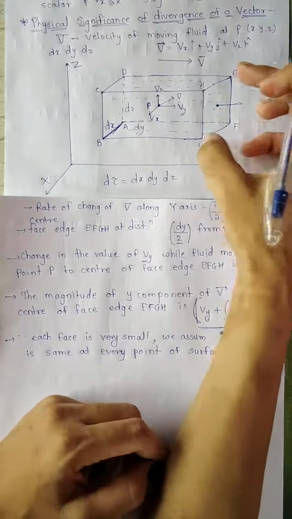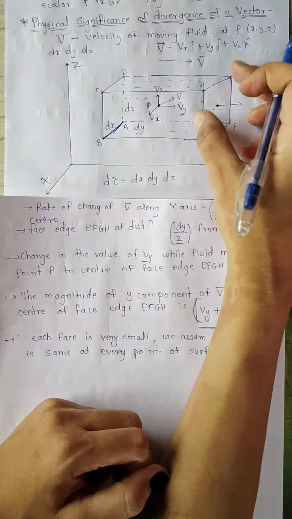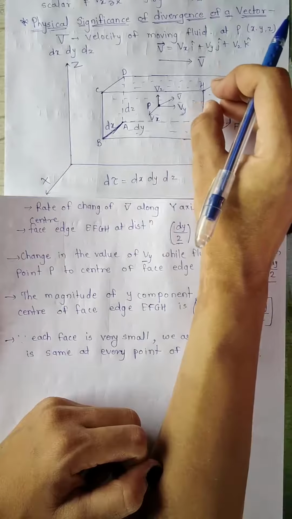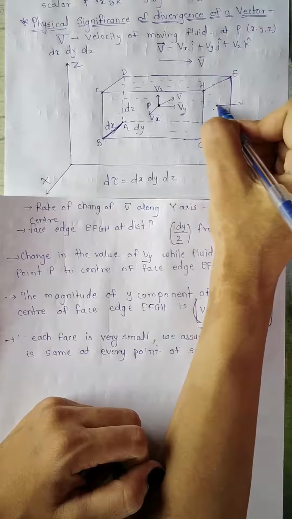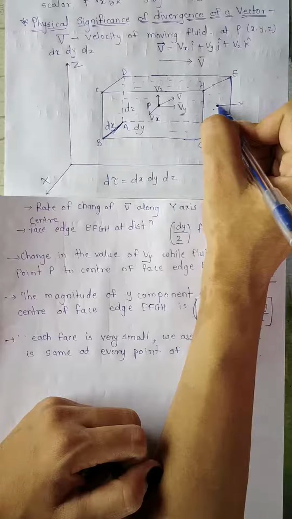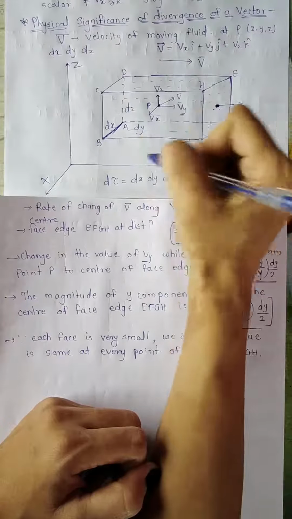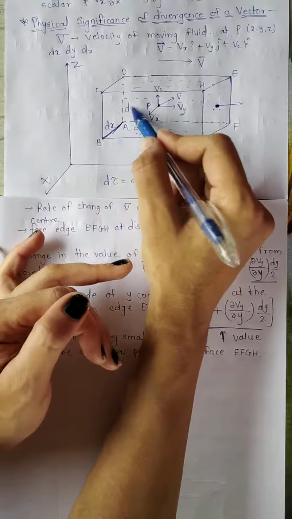Since we are considering a small element, this face of the parallelopiped is very small, so it can be treated like a point face, since we are considering a small volume of parallelopiped, which is dx, dy, dz.